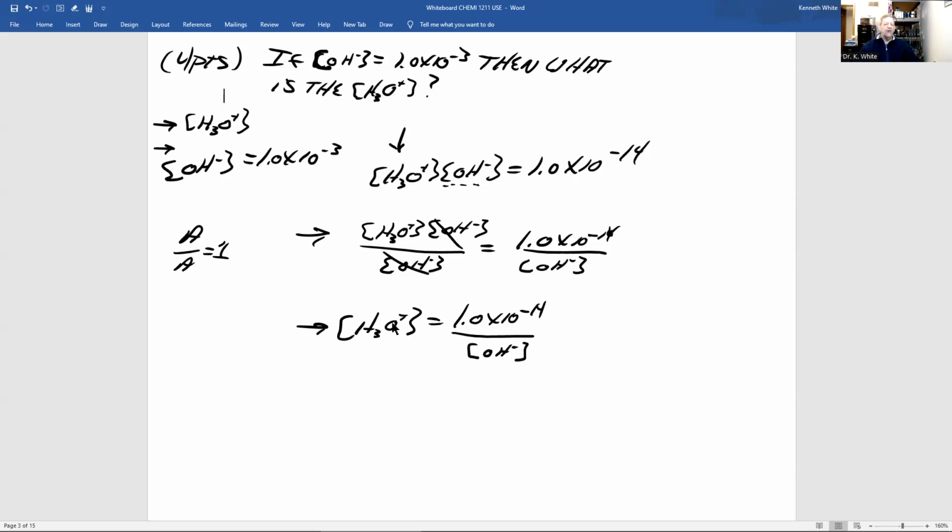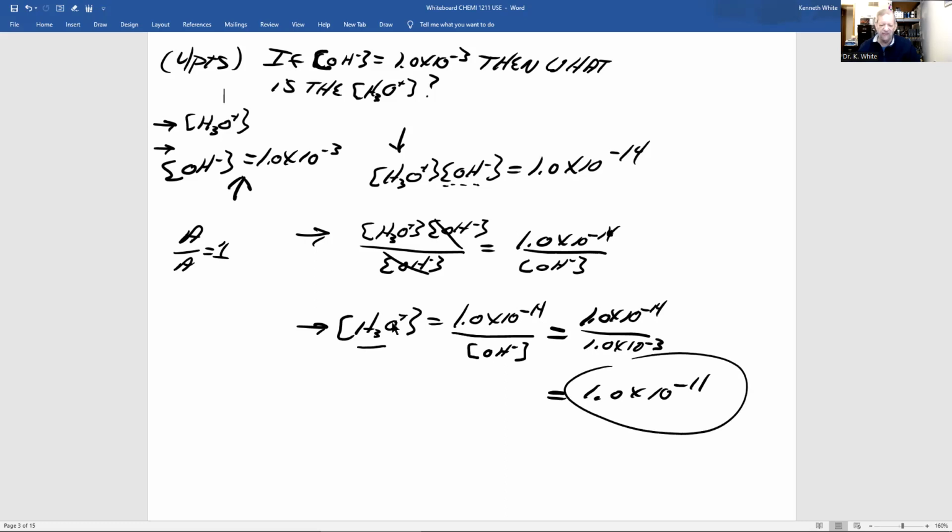So now we want to solve to get this. Well, we know the hydroxide ion concentration is 1.0 times 10 to the minus 3. So we have this divided by 1.0 times 10 to the minus 3, and that equals 1.0 times 10 to the minus 11. And that would be the hydronium ion concentration, H3O plus.